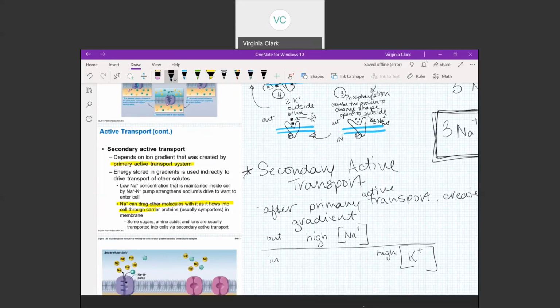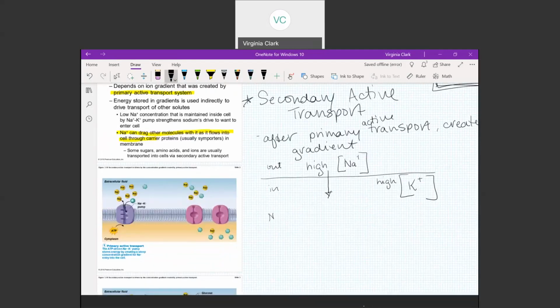Sodium wants to move down its concentration gradient, so sodium wants to move from out to in. When sodium moves from outside to inside the cell, down its concentration gradient, it brings things with it. When it brings things with it, it can move things across the plasma membrane that it could not do before.